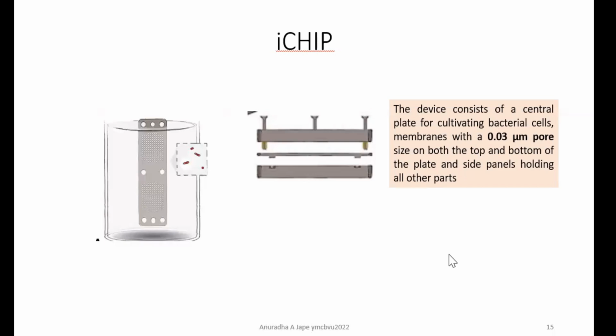If it is as large as 0.3, it will not get onto the surface of the media. So the device is going to consist of a central plate on which you are going to have hundreds of pores, right? And you are going to have a membrane which is going to be a 0.03 micron pore size on both the top and bottom of the plate. And these are nothing but another panel, and these are the screws which you are going to use to tighten this particular assembly, nothing else. All right.